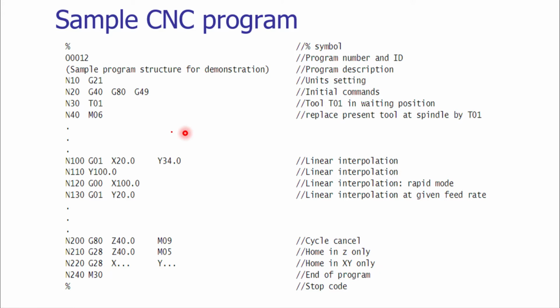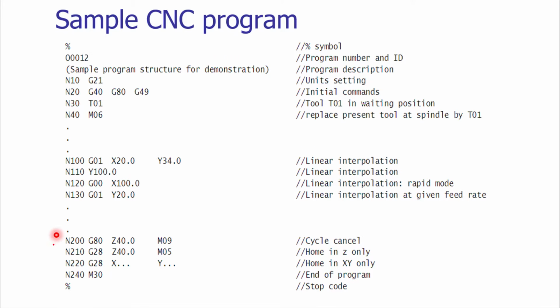Afterwards, the main section comes over here. This is the main section, and here we are giving the instruction about the interpolation, that is a linear interpolation in rapid mode, as a clockwise or anti-clockwise interpolation, and a variety of cycles that we are using, such as the drilling cycle.